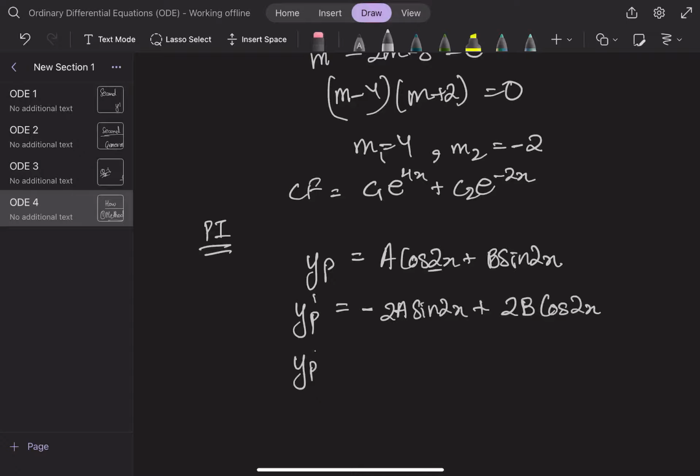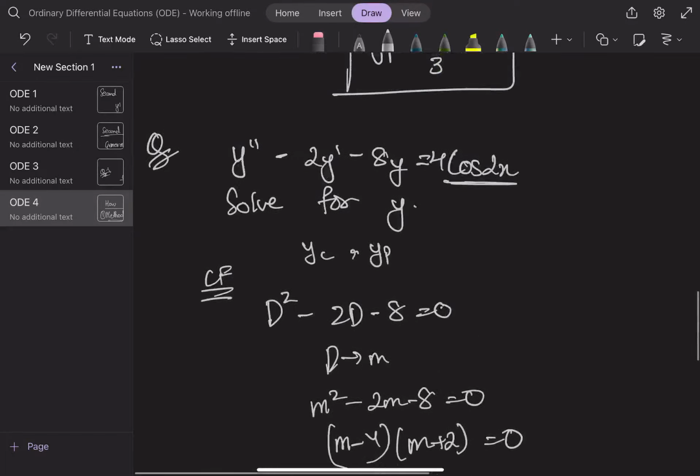Now let's differentiate it again to get yp''. It's minus 4a cos 2x minus 4b sin 2x.